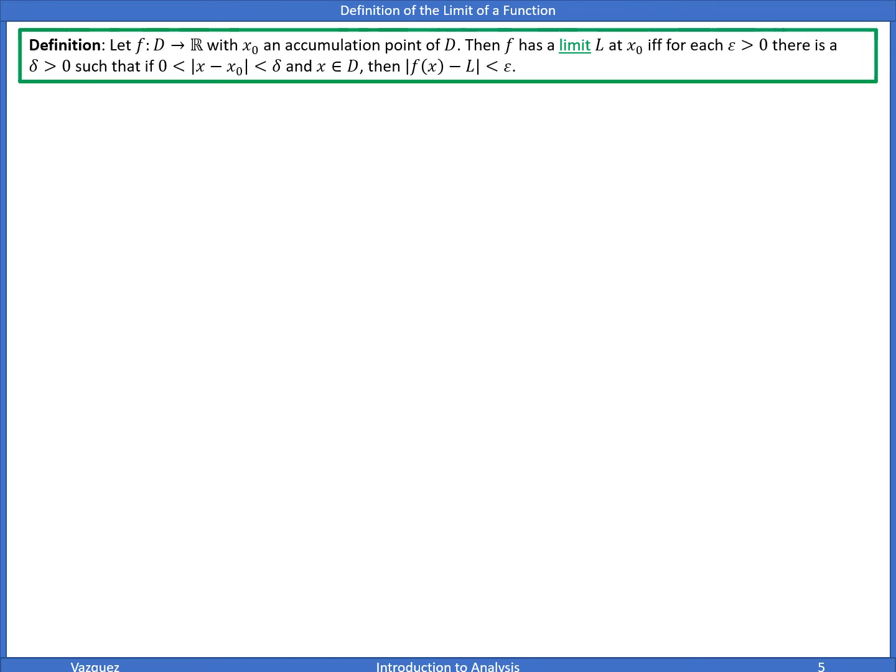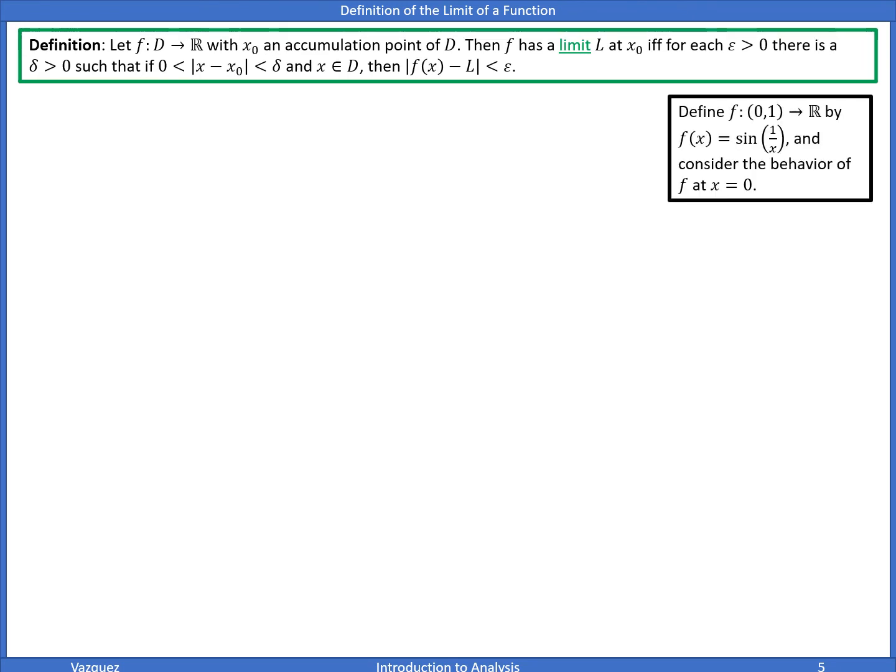Here's a definition of a limit. And we're going to define f for the domain, the open interval (0, 1), into the real numbers, by f of x equals sine of 1 over x. And we're going to see if f has a limit at x equals 0. So a visual should help us here.